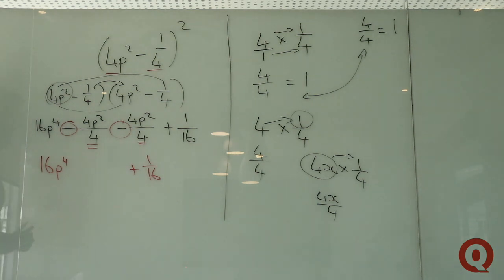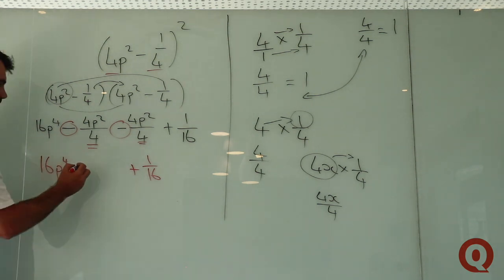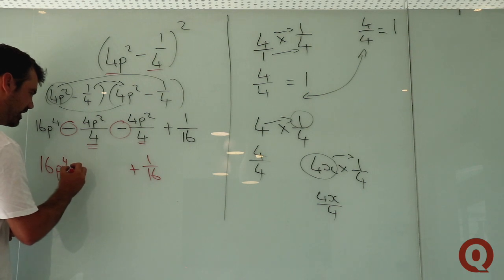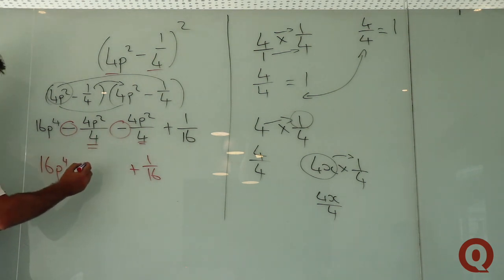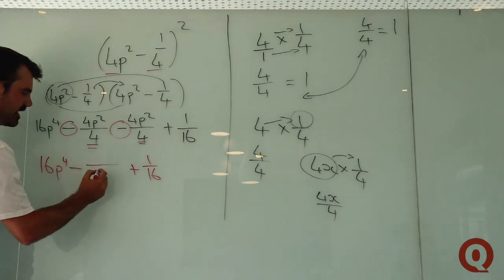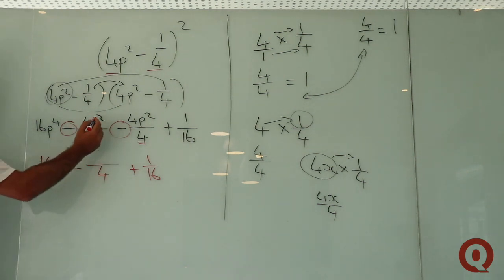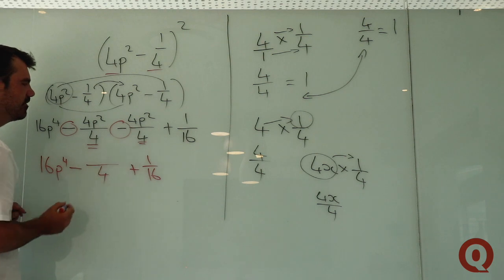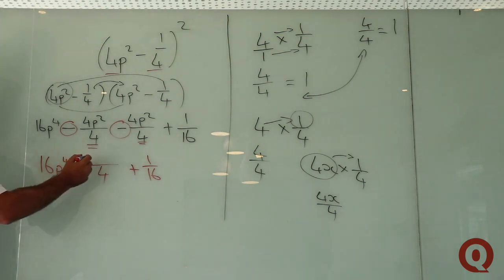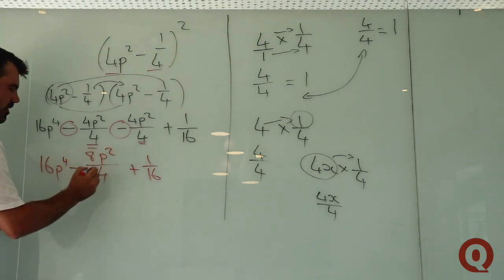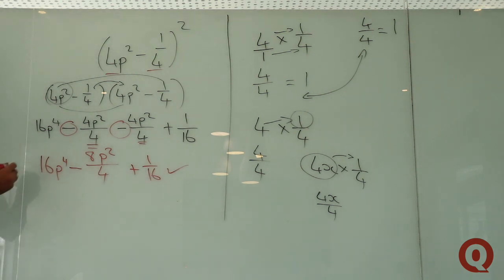Is my denominator the same? Of course it is. So we know that our answer is going to be a negative, because I've got a negative and a negative, and we're only adding, so it will remain negative, and my denominator will stay the same. But now what is negative 4p squared minus another 4p squared? Well, it's going to give me negative 8p squared. And that is my final answer.